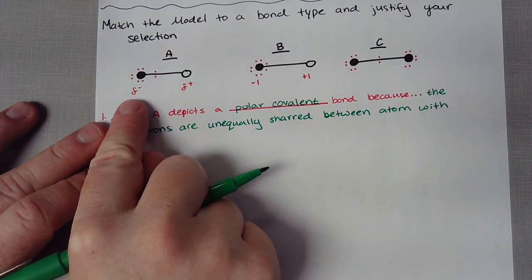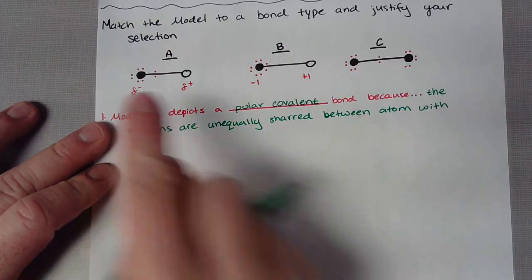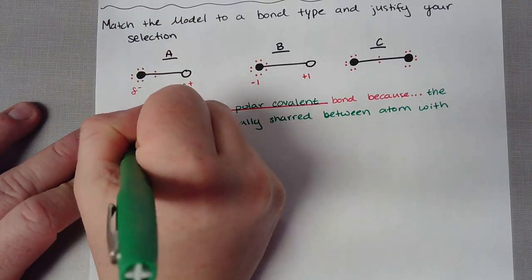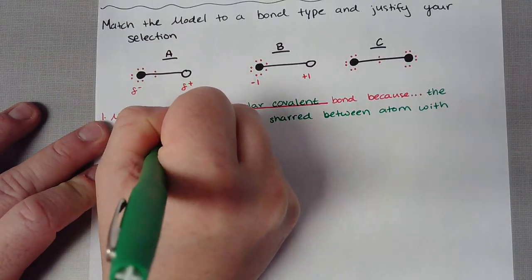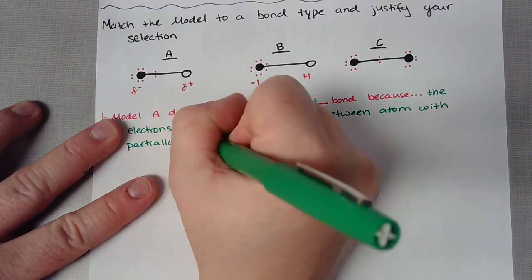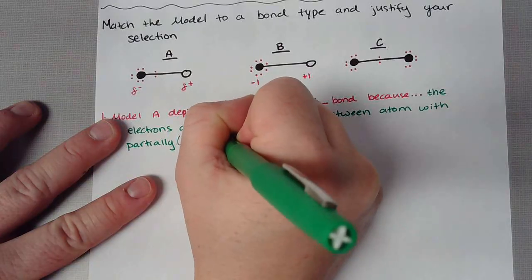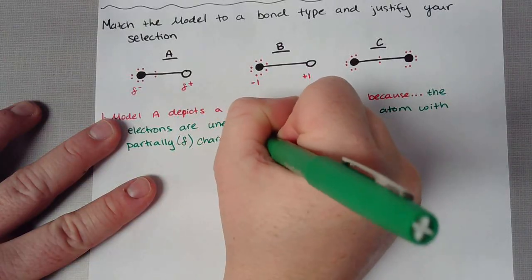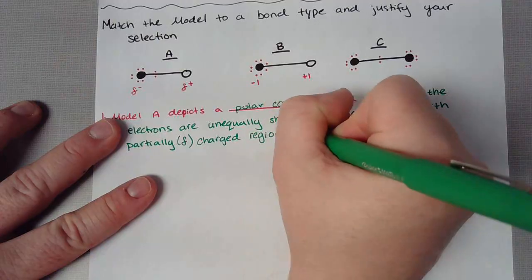This open figure eight is the symbol for partial. So I also have partially, because that's what this symbol means, charged regions indicated.